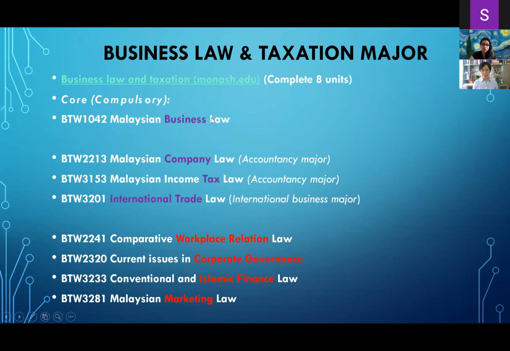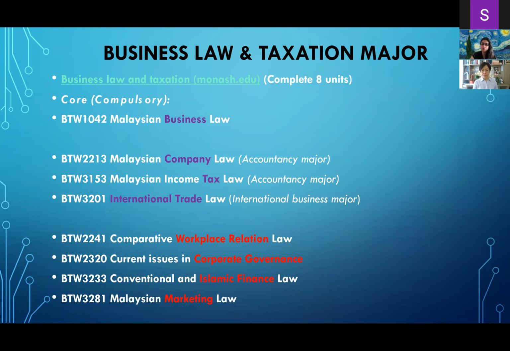And further to this, there are 3 other units which are also part of other majors. So if you are doing accountancy, for example, or international business, then you will probably be taking these units as well. So one of them is BTW 2213, which is Malaysian company law. This basically looks into corporations and board of directors, directors' duties, and so on and so forth.